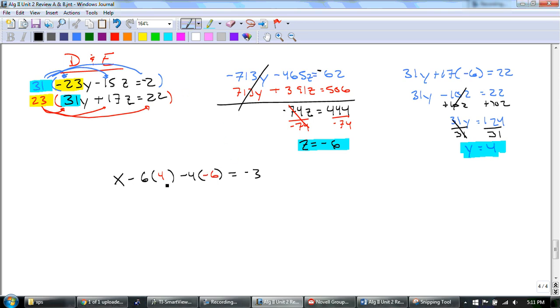So -6 times 4, we get -24, and -4 times -6, we get positive 24 equals -3. When I combine like terms, those just cancel, and then we get x equals -3. Okay, so my final answer, putting them all in order, is -3, 4, -6.